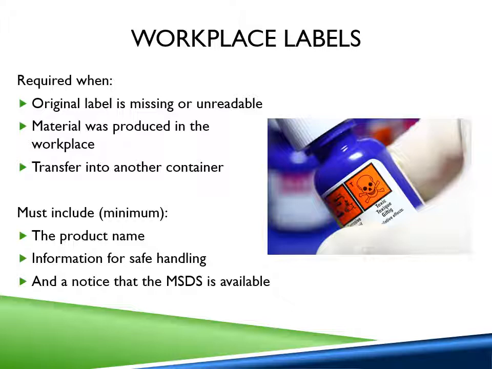If the material from the original container is placed into a smaller container for use, the smaller container would require a workplace label. In the last case, a label would not be required if the material was decanted into a smaller container for immediate use, or if the person who decanted the material remained in immediate control of the material for use over a shift.